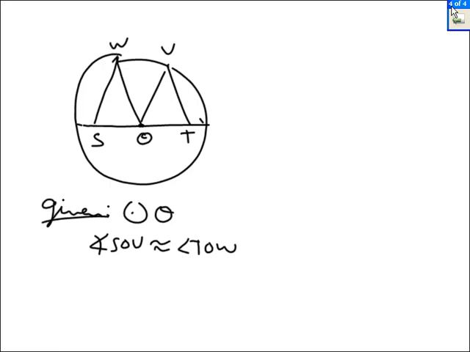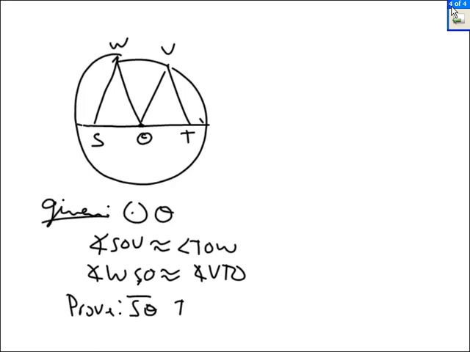And angle WSO is in turn congruent to angle VTO. And you want to prove the following, that SO and TO are the same length. SO, TO, they're congruent.